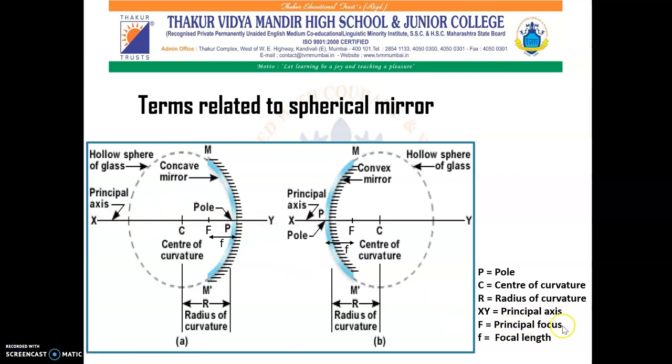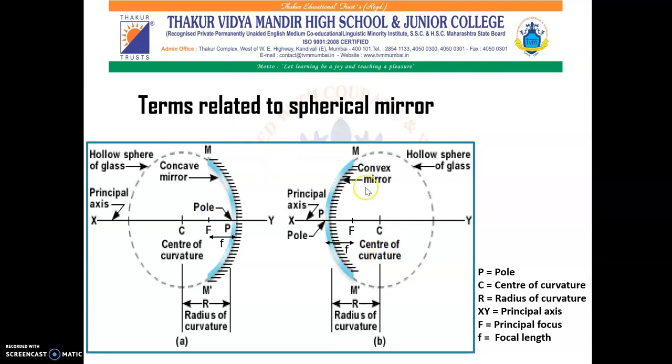Next is principal focus. Incident rays which are parallel to the principal axis of the concave mirror, after reflection from the mirror, meet at a particular point in the front of the mirror on the principal axis itself. This point F is called the principal focus of the concave mirror.